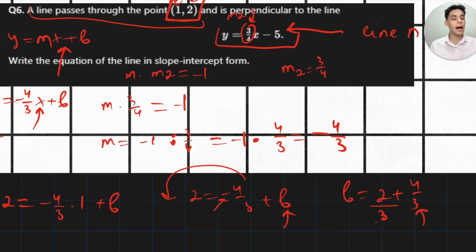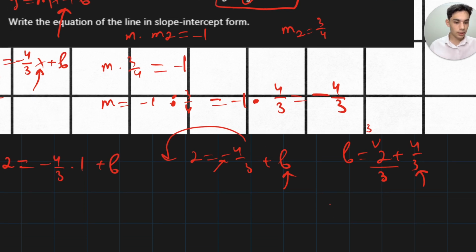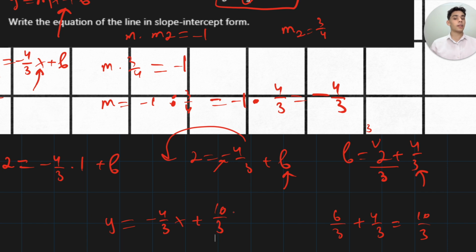And if I'm adding 3 on the bottom part, I have to multiply the upper part by 3. It will be 2 multiplied by 3, 6 over 3, plus 4 over 3, or simply 10 over 3. Now, we got our full equation, which is y equals -4 over 3 x plus 10 over 3. Great.